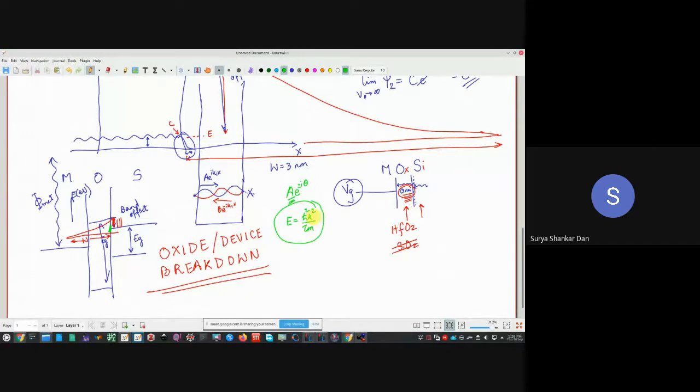Now, what is this k value? k is related to 2 pi by lambda, where lambda is the wavelength of the wave. So this is the wave number, as I told you. Wave number is 2 pi by lambda. Now this k has got nothing to do with this phase.